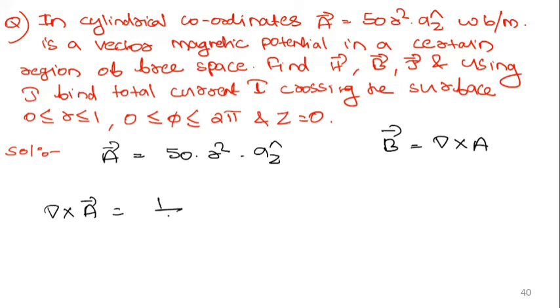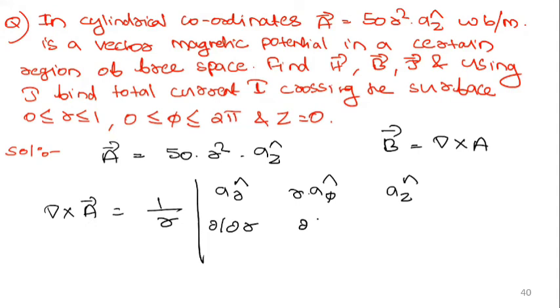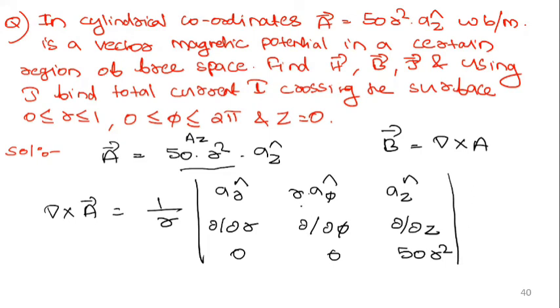So del cross A is 1 by r times the determinant with rows A r, r A phi, A z, then del by del r, del by del phi, del by del z, and here r and phi components are 0, and A z is 50 r square. Now you do the cross product del cross A.